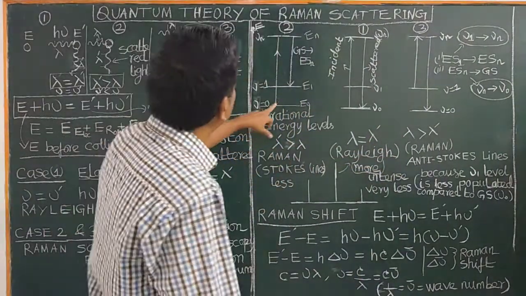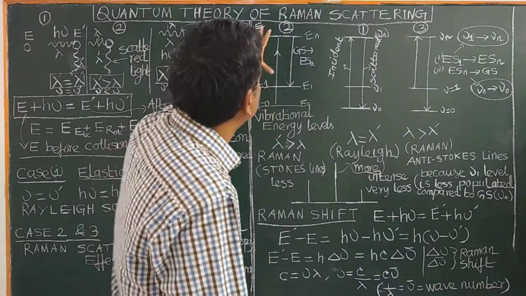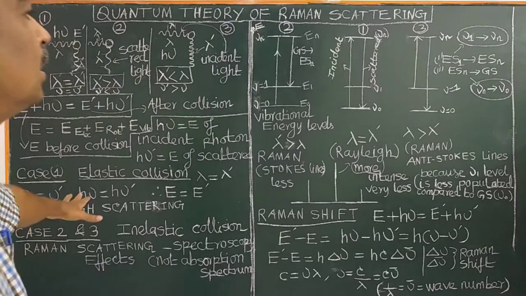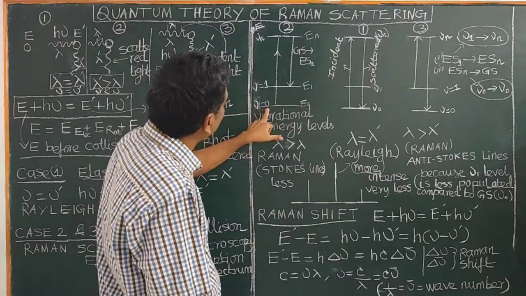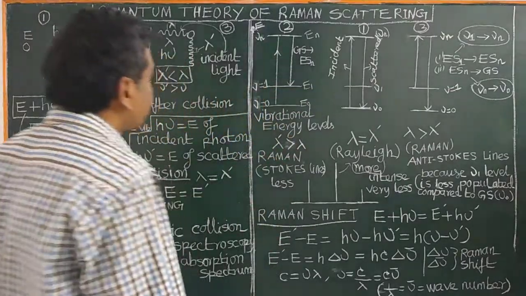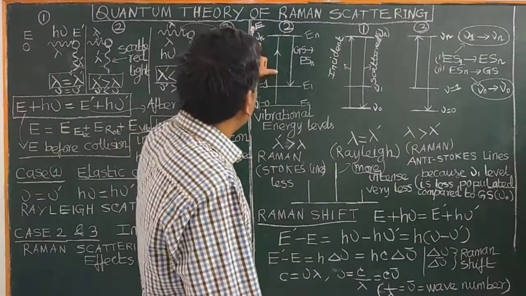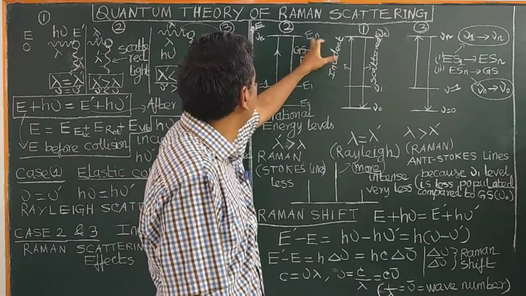For example, let us consider the vibrational energy levels of molecules. This is the ground state, vibrational quantum number v equal to 0, and v equal to 1. We have already seen this in vibrational spectroscopy, with energy En.